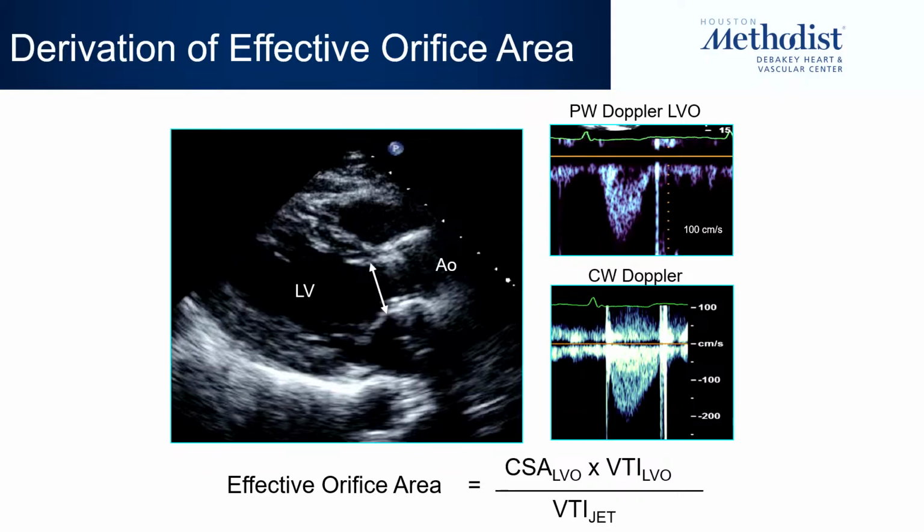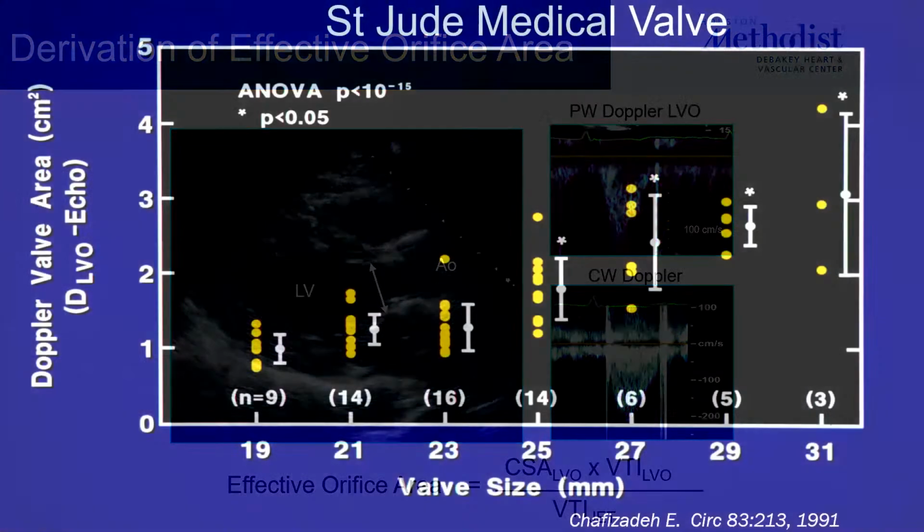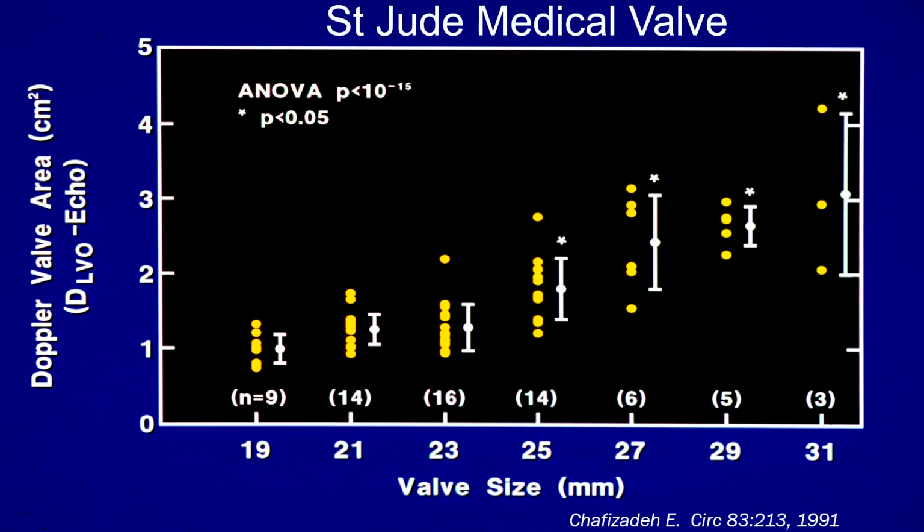By measuring an effective orifice area. So the effective orifice area you use the same as you would do for a native aortic stenosis. This is the same population that you just saw, much less heterogeneity, much less spread in these values. One thing also to note is that in this bileaflet valve, the average is 1 centimeter squared in a 19 millimeter valve.